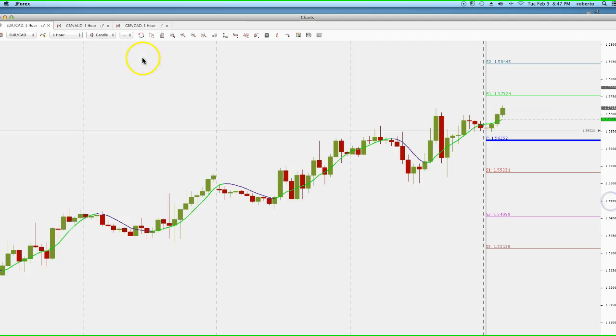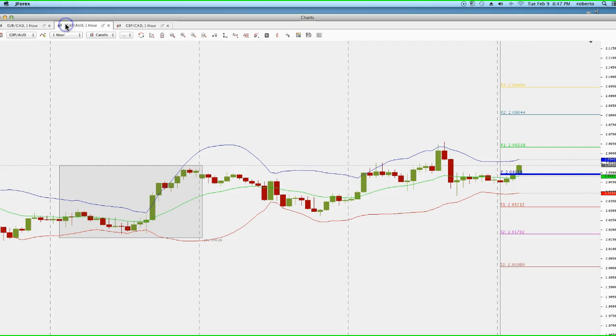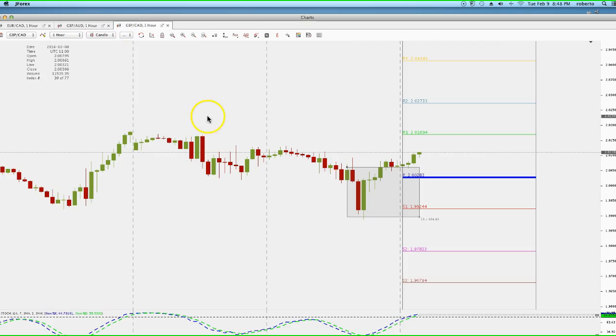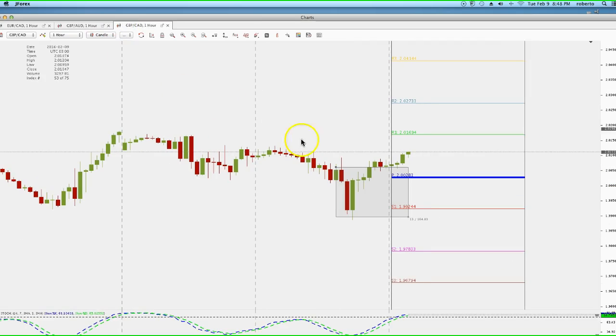Okay, let's look at a pair. The pound Canadian dollar retraced quite a bit, and with this candlestick pattern right here, what you will learn is how to identify these candlestick patterns and take advantage of the alert signals.